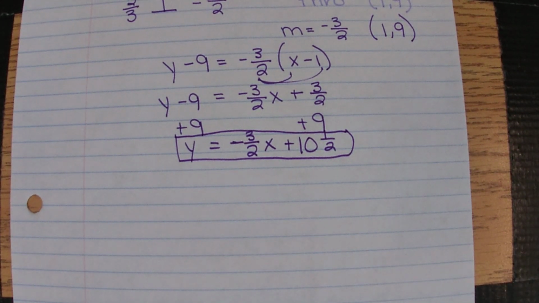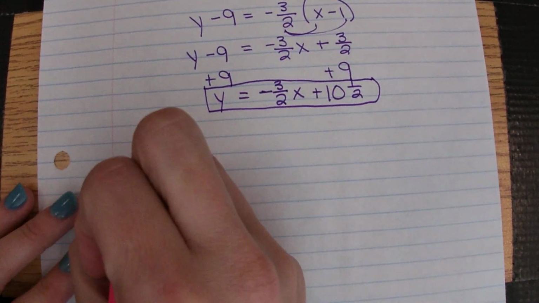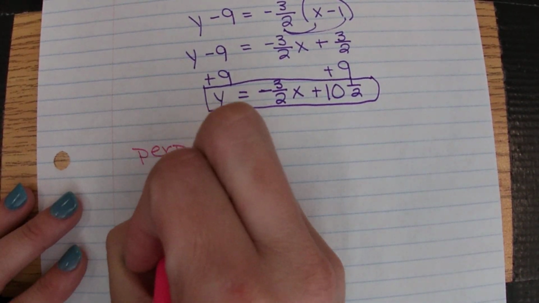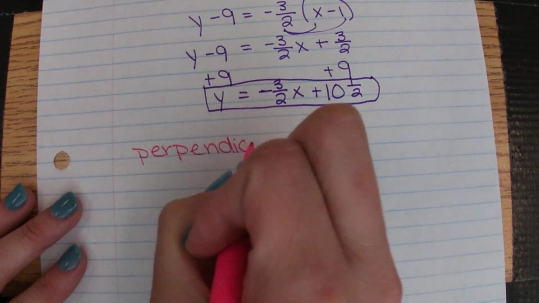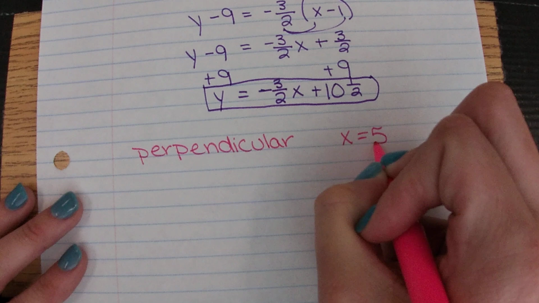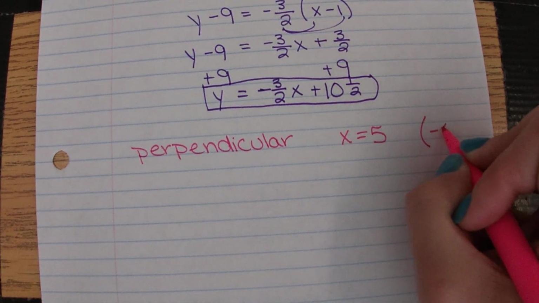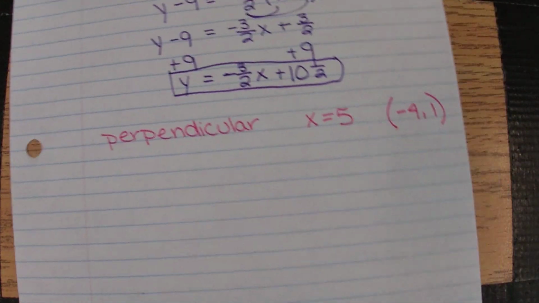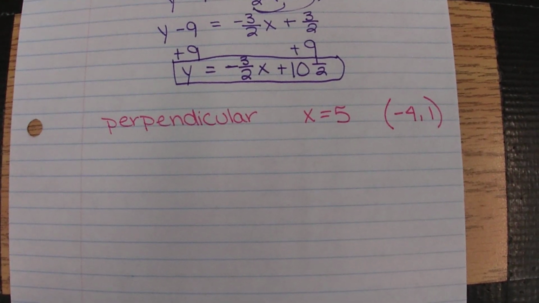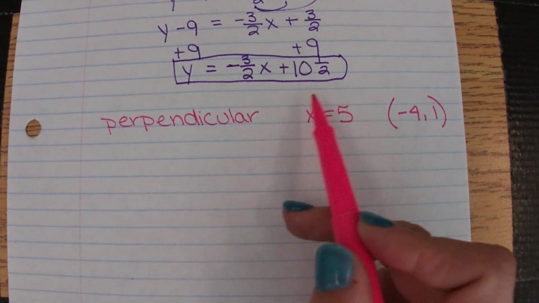Now, there is one sort of tricky situation, and that is what happens if we want to write the equation of a line that's perpendicular to x equals 5 that passes through the point -4, 1. Okay, so here we don't really see a slope.